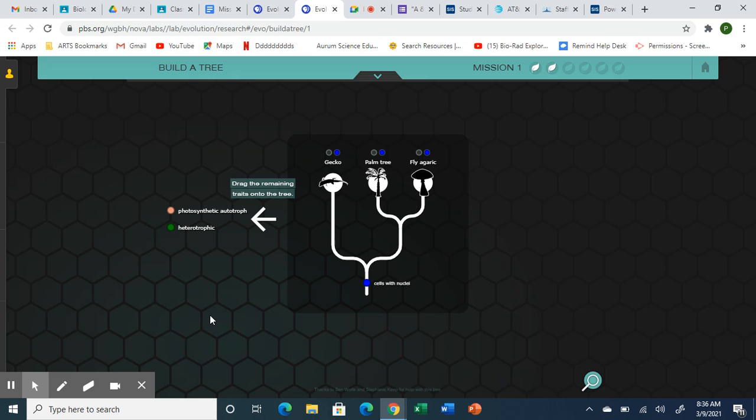Hold on, you're going too fast for me. Hold on, I gotta move this baby up. So I am saying it is more closely related to the palm tree than the gecko. So now I gotta put the traits. Photosynthetic autotroph would be the palm tree.